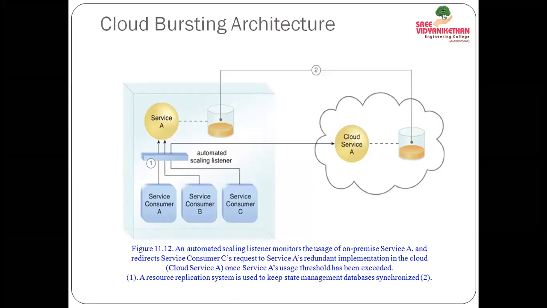That means the instance of cloud service A can be bursted out into the on-premise network. That means from the cloud, the service instance is made available in the on-premise network, which is nothing but the organizational network itself. So what happens now with the service made available in the on-premise network?